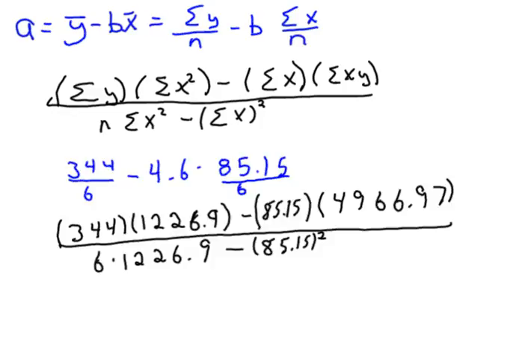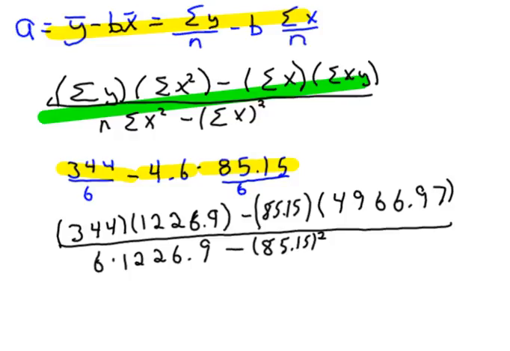Now, after entering your formulas, remember there's the one that I use, my preferred one, and then there is the textbook one. Either of those are just fine to use. Just as you do so, recognize your values are going to look different in the substitution, but your answers will be the same. So if you're using your blue, sum of y over n minus b times sum of x over n, that's the 344 over 6 minus 4.6 times 85.15 over 6.